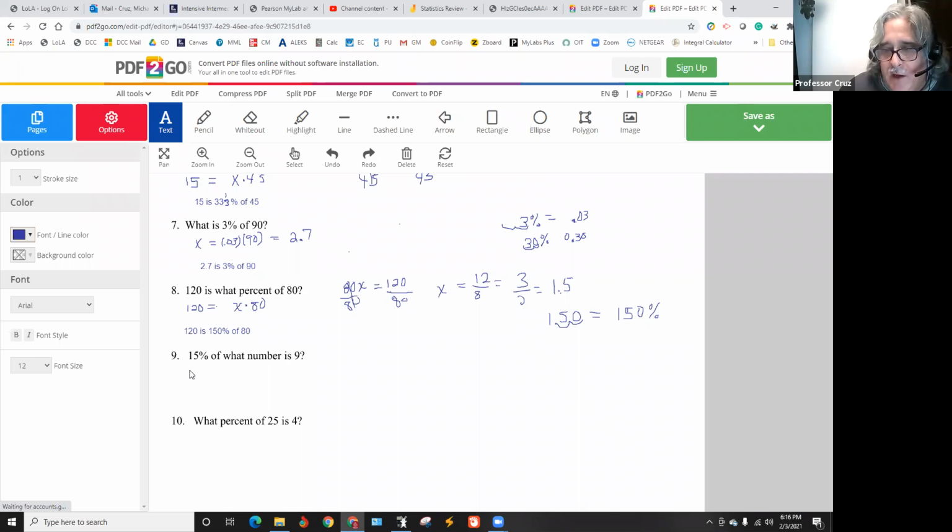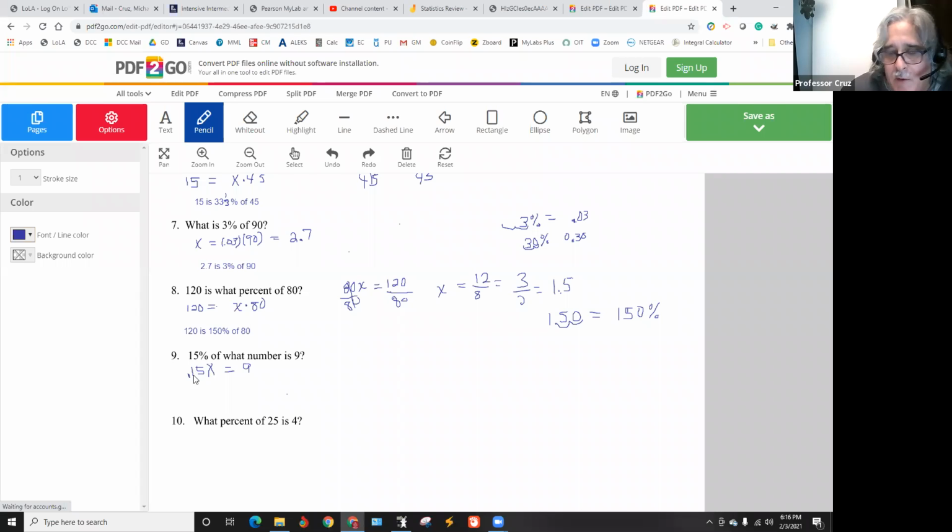All right, so 15%. So it's got to be written as this, or it's not going to be any good. Of, so that's multiplication times x is 9. So we know the percent, we write as a decimal.